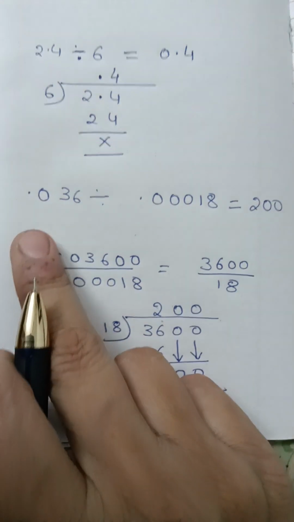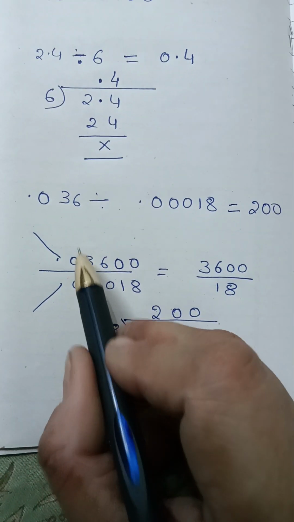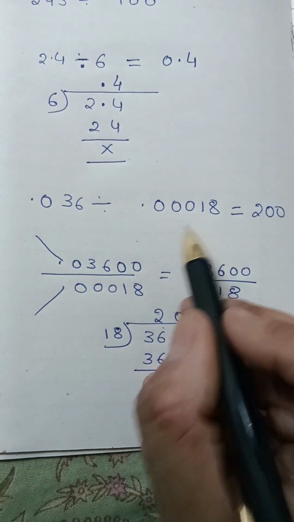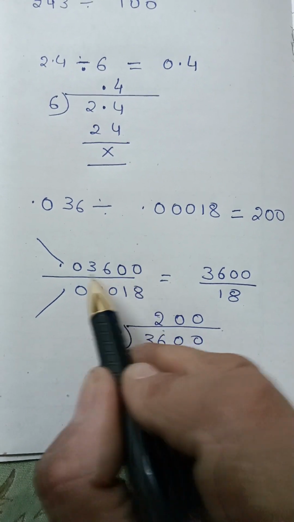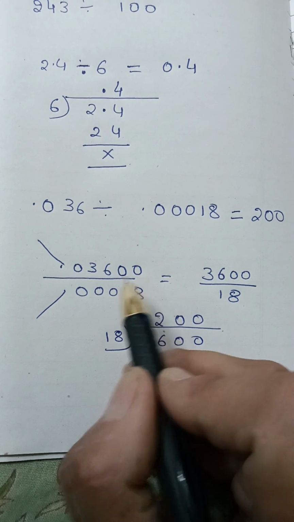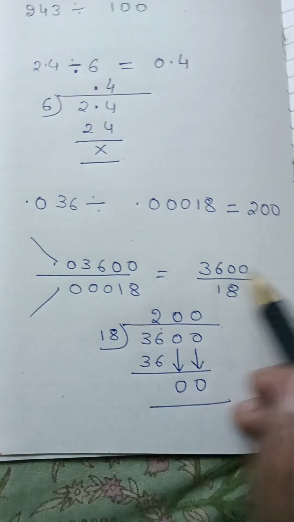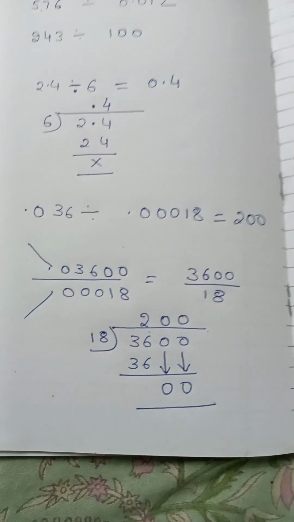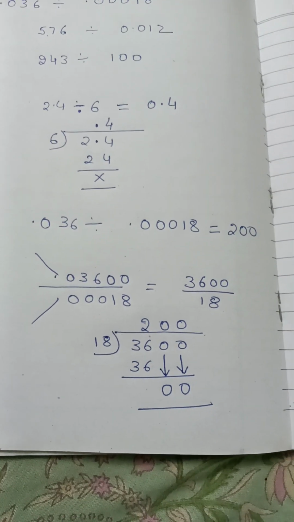See what I did? I just put the dividend over the divisor, counted the places, 5 places, inserted 2 more zeros to make the 5 places equal, then removed the decimal. Finally I had it like this without any decimals and got my solution.